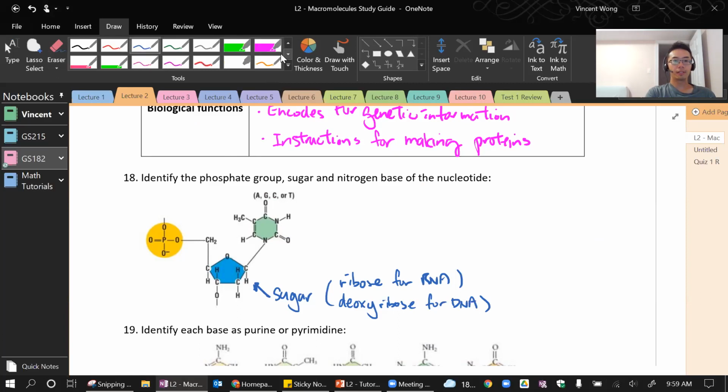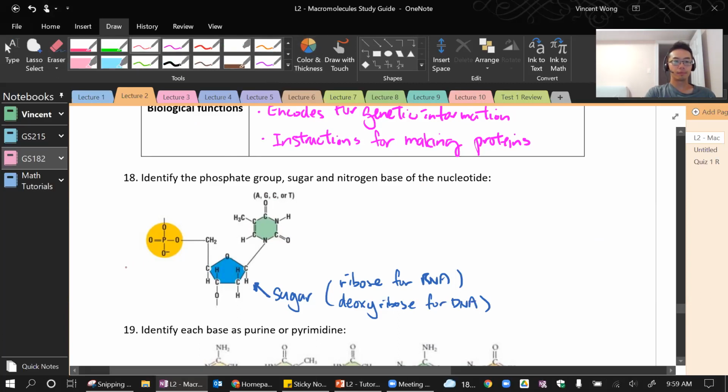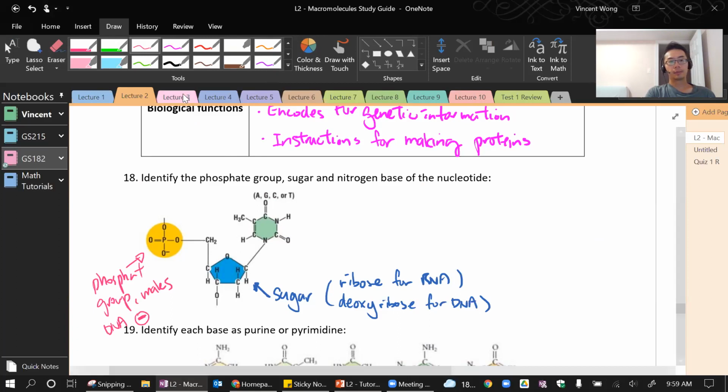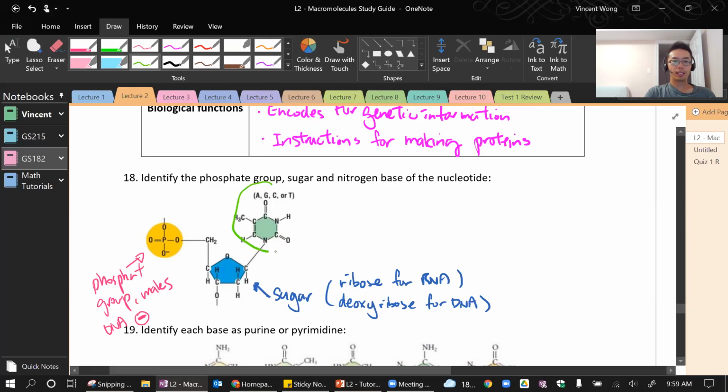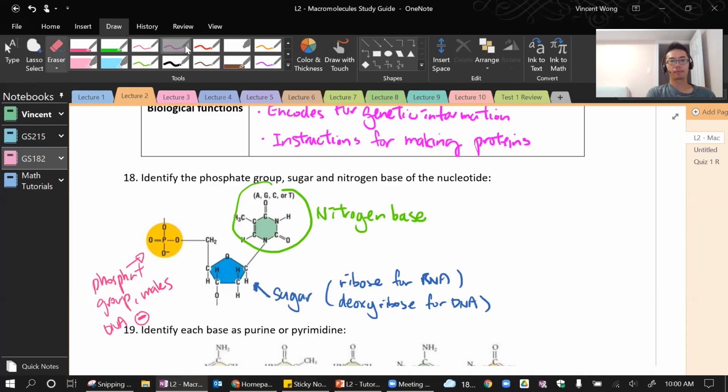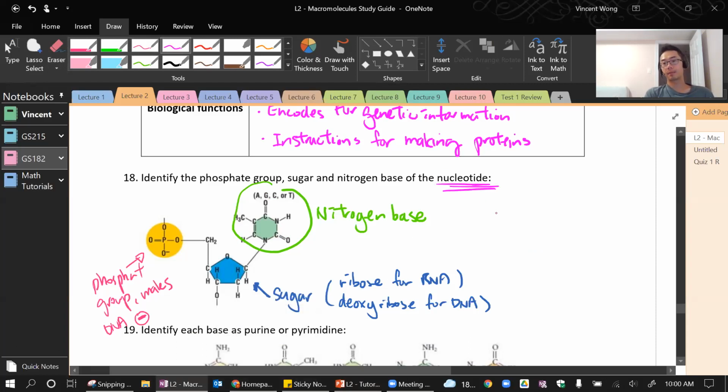It will have a phosphate group, which makes DNA negative, like the PO4 3-, right? And then it's going to have this nitrogen base. Together, this makes a nucleotide, which is the basic building block for nucleic acids.